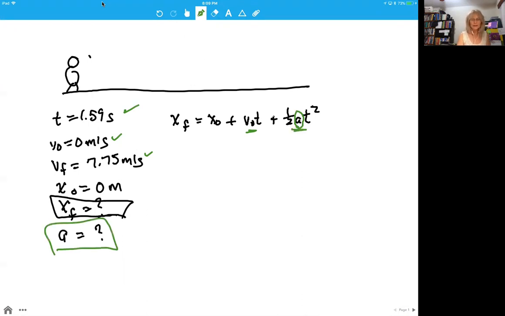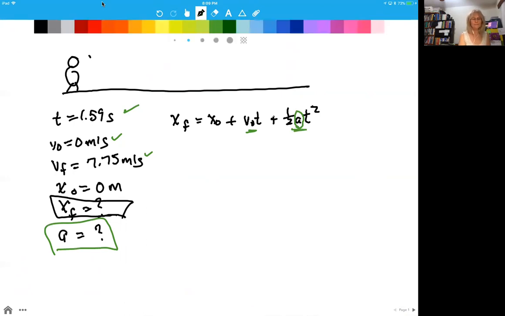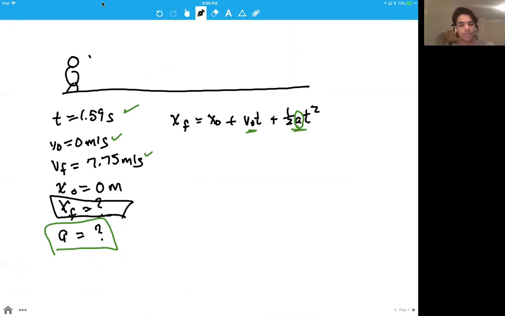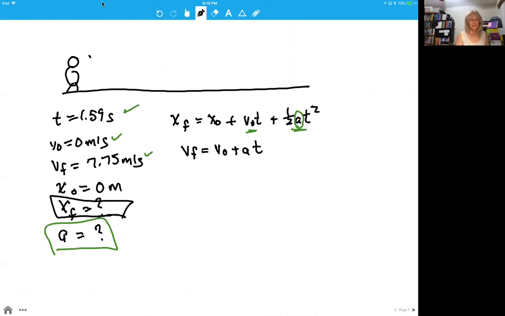So how do I find the acceleration? You could use the third equation: v final equals v initial plus at. The reason I want to use it is because we have time, so that will help us find the acceleration. So I'll just plug this in.